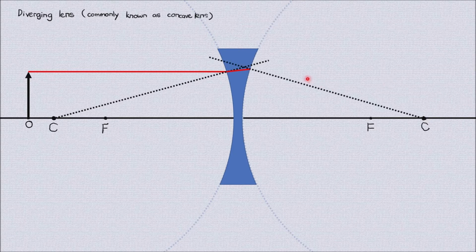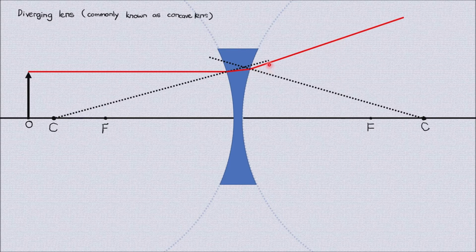Then we determine the direction of refraction. If you compare, the angle of incidence here is smaller, whereas the angle of refraction here is larger. This is aligned with what we said just now: when we enter from a denser to a less dense medium, we experience a refraction that is away from the normal.